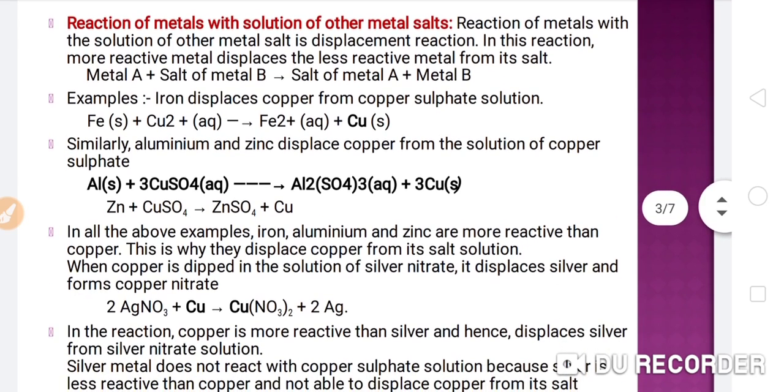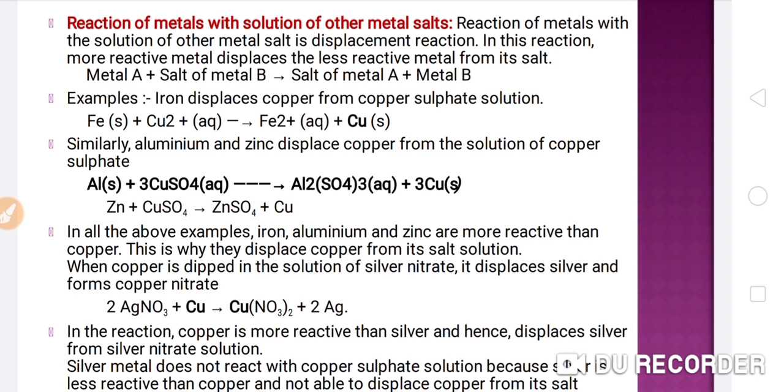Similarly, aluminium and zinc displace copper from the solution of copper sulfate. You can see here, when aluminium reacts with copper sulfate, aluminium sulfate and copper will form. Similarly, in the second reaction, when zinc reacts with copper sulfate, zinc sulfate and copper will form.